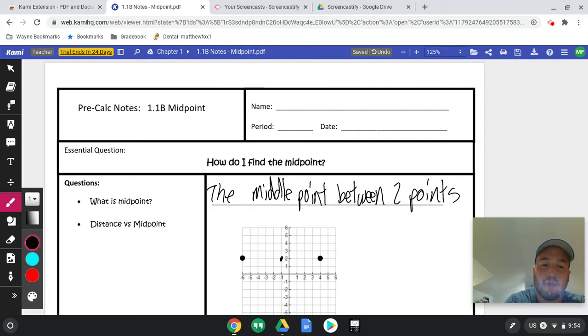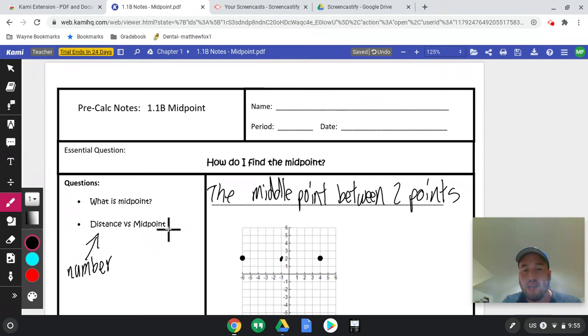Now it's important when talking about the distance and the midpoint. Over here, what's the difference between these two things? If we think about it, distance is like a length or a number. That's always going to be positive, and it gives us the number that represents how far it is from one point to the other.